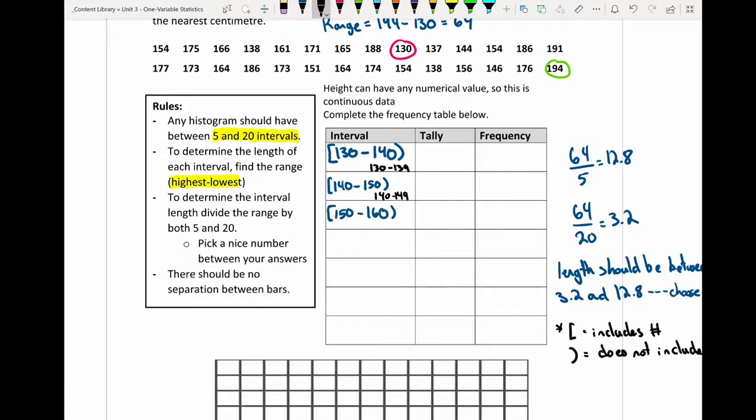But because we have that square and round bracket, we're actually counting 150 to 159 to prevent any overlap. Then 160 to 170. Again, in black, I'm just going to write down what values we're actually counting. Then 170 to 180.